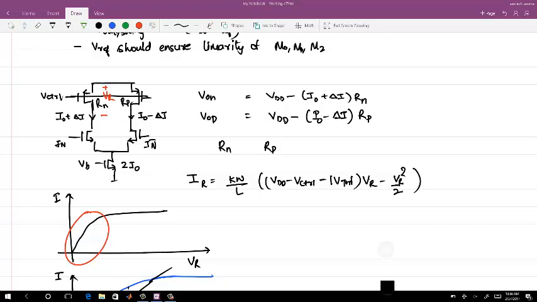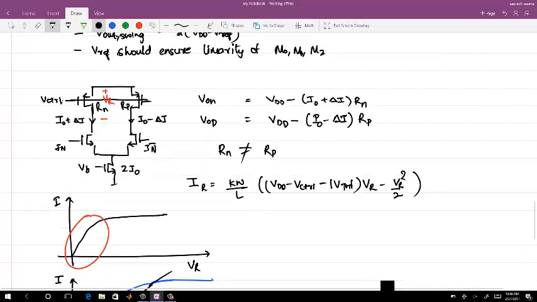They are not equal as such. So the swings which we were considering as much more linear will not be linear any more just because of the resistance. What can be done? So this is one thing: your resistance Rn is not equal to Rp because of the secondary square law variation.